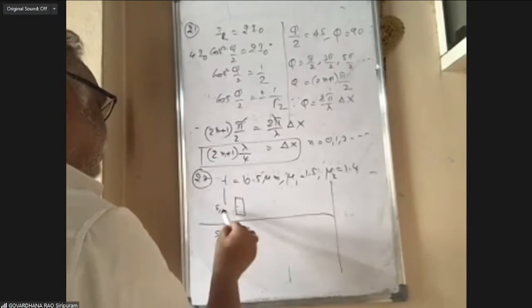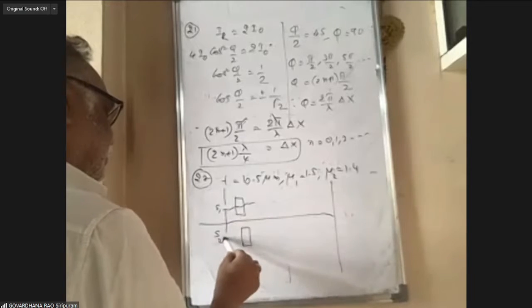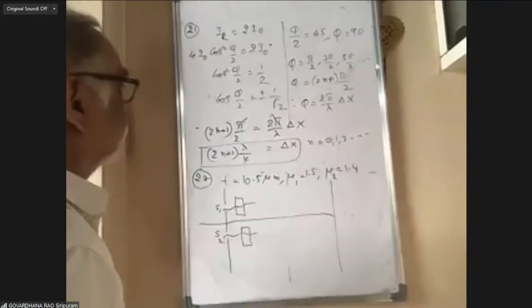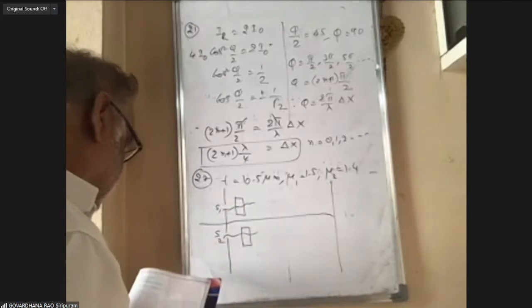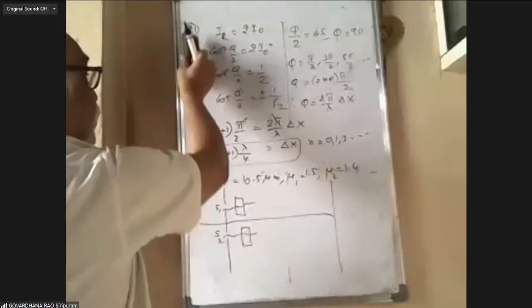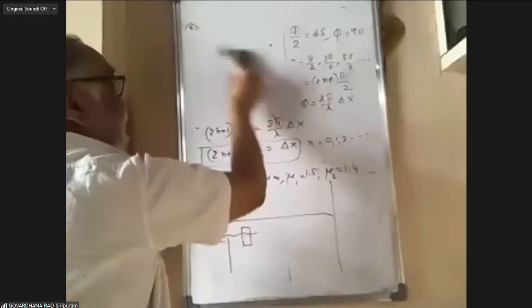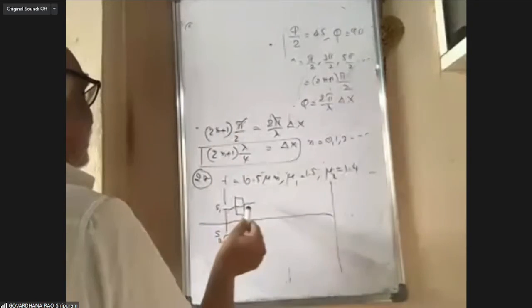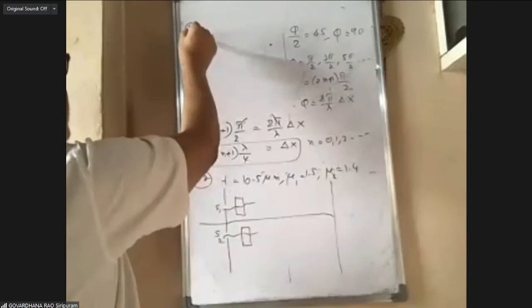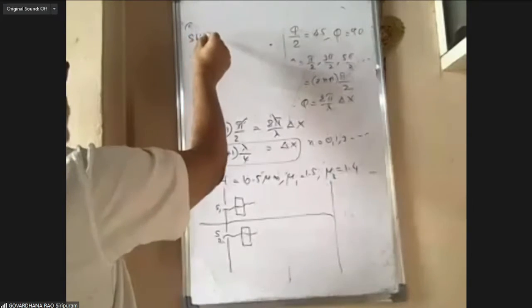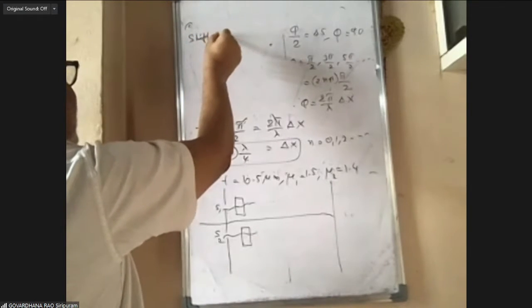Whatever the light coming from both the mica sheets. He's saying: what is the shift produced by the first mica sheet? That is the shift due to the first slit.